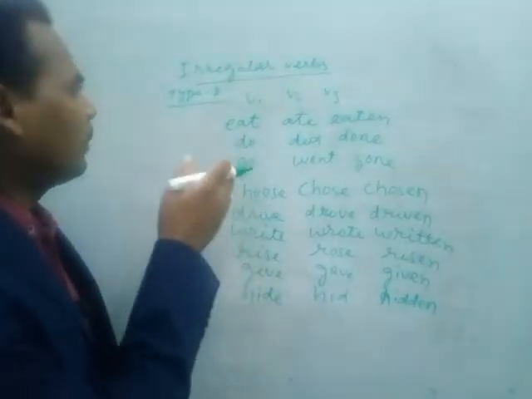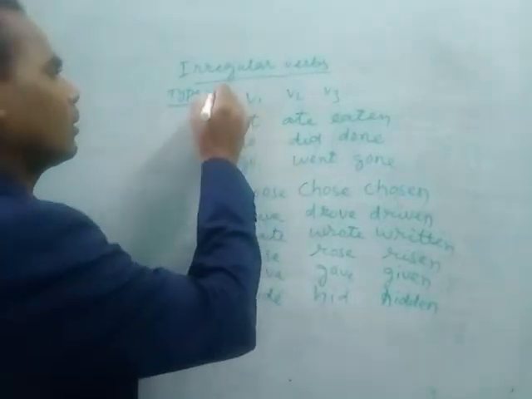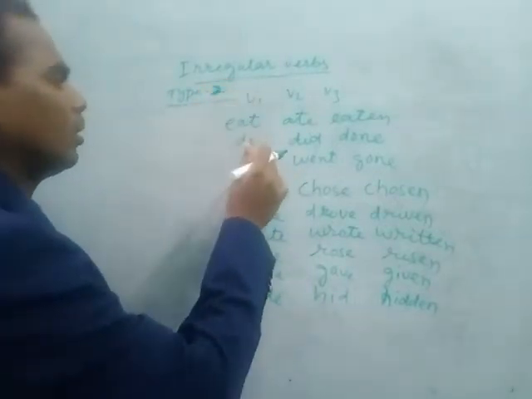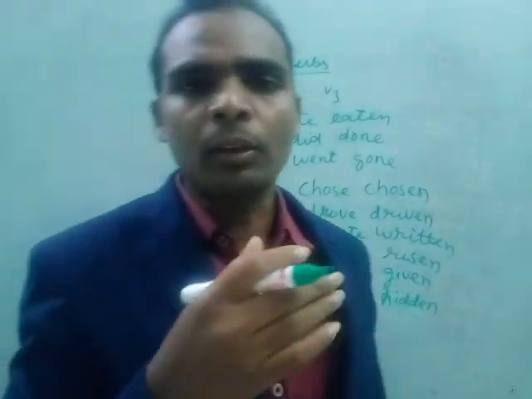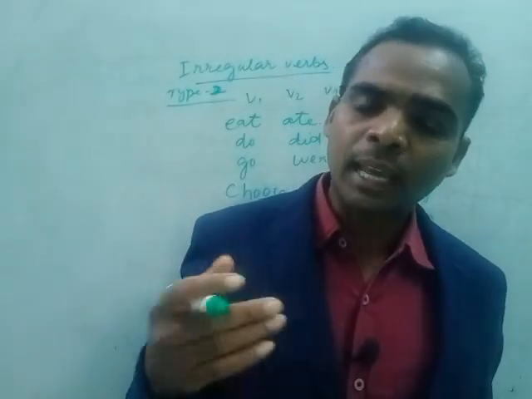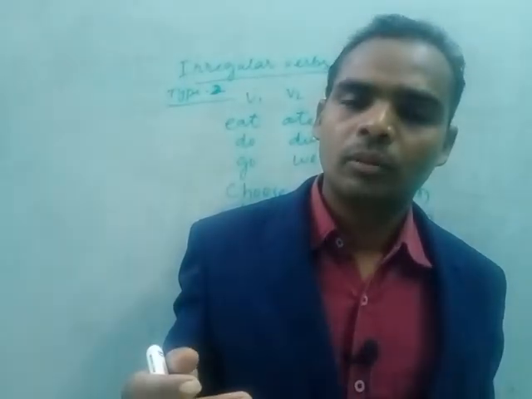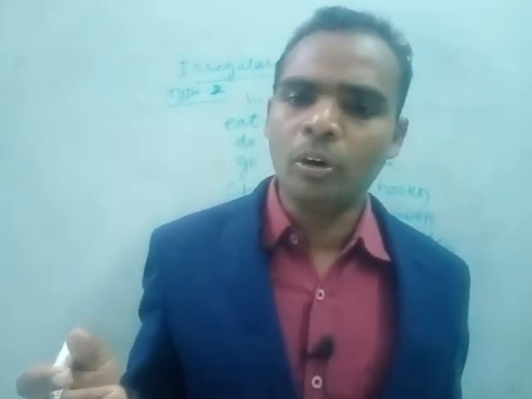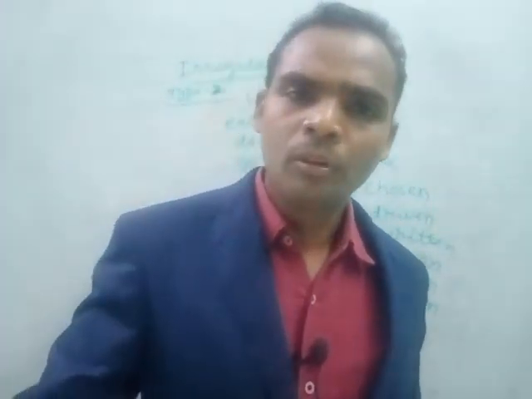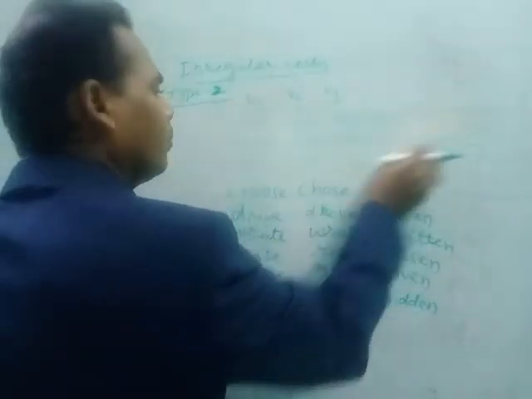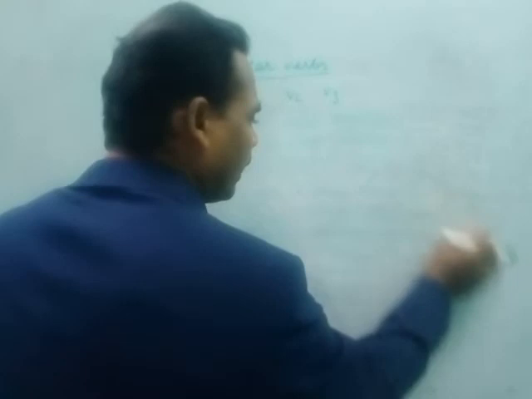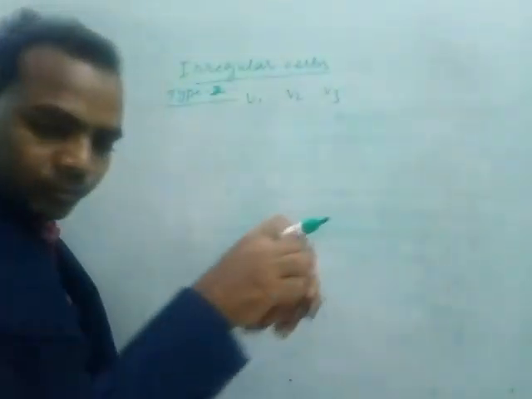So this is type 2 of irregular verbs. Type 3: the second form of the verb and the third form of the verb are the same. In type 3, the second form and third form are the same.